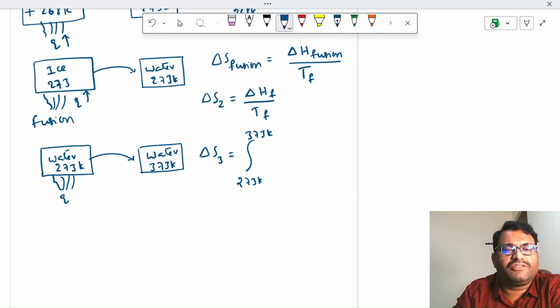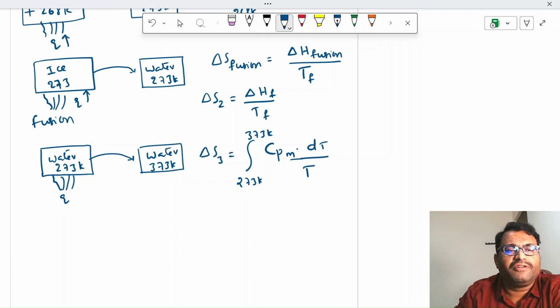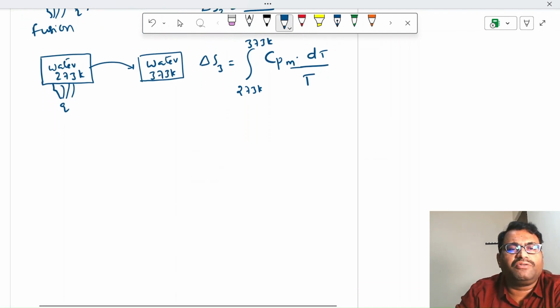For 1 mole we are considering, we can write Cp molar into dT by T. So this is the formula to find the change in the entropy during water heating from 273 Kelvin to 373 Kelvin.